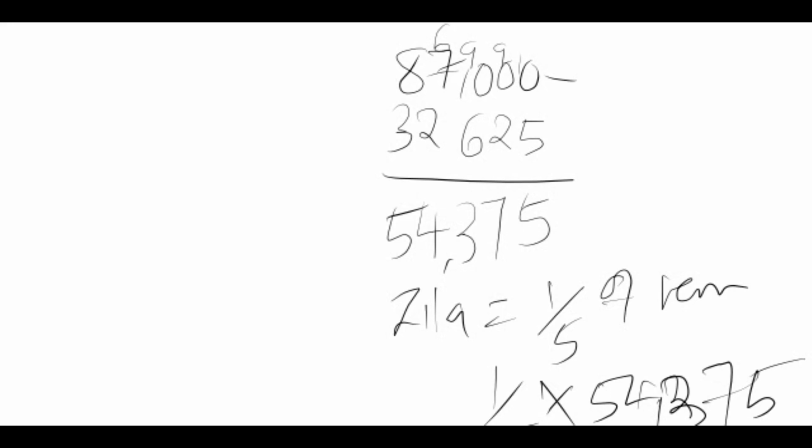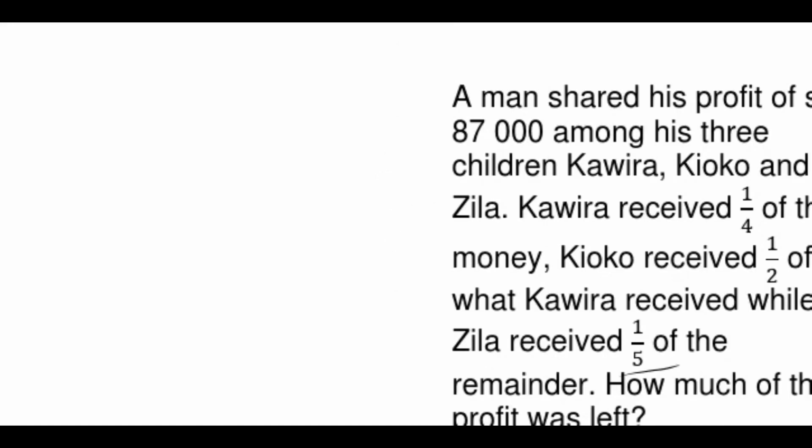By 5 is 10,875. So Zilla received 10,875 shillings. So the question was, how much of the profit was left?